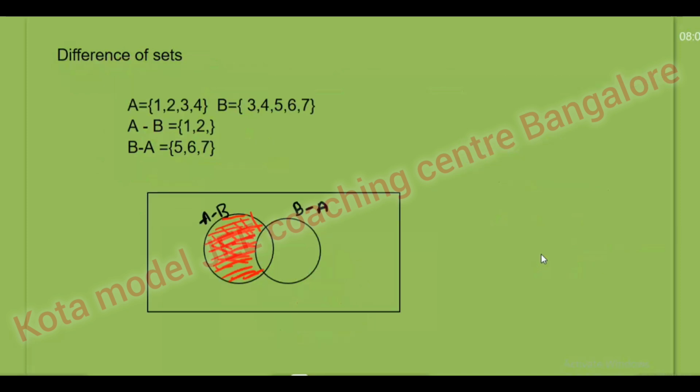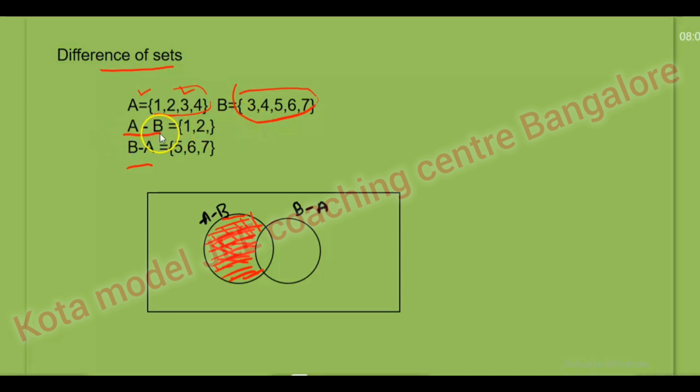Now move to the next concept, difference of the sets. The difference of the sets means A minus B or B minus A. Through an example, you can understand it very well. The set A contains 4 elements, 1, 2, 3, 4, and the set B contains 5 elements, 3, 4, 5, 6, 7.